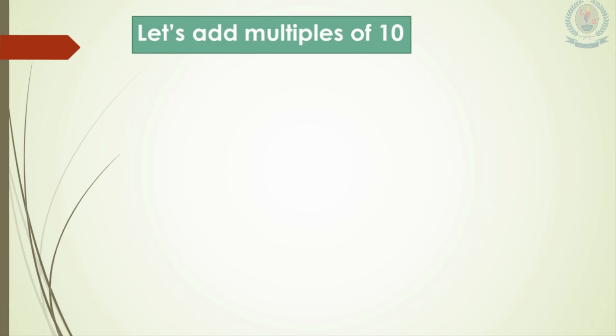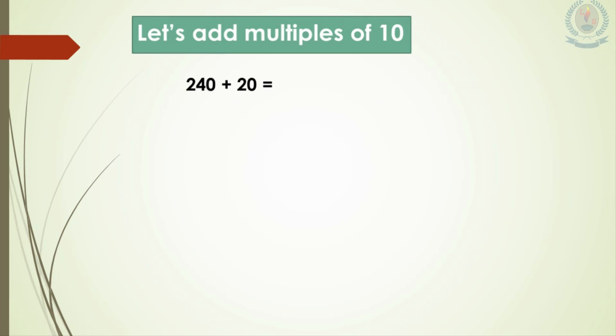We learned how to make 100 using two multiples of 10 and adding some more numbers to 100. Now let's add multiples of 10 to some more numbers. First one is 240 plus 20.